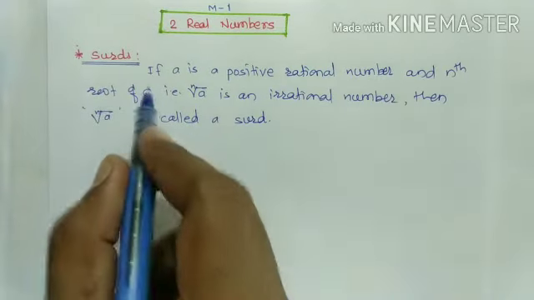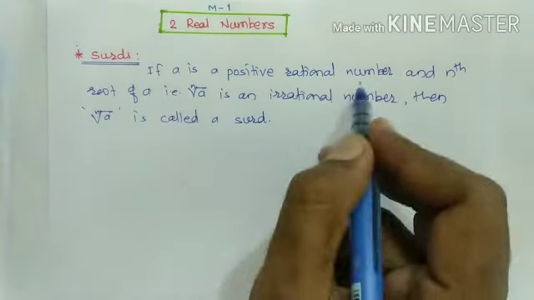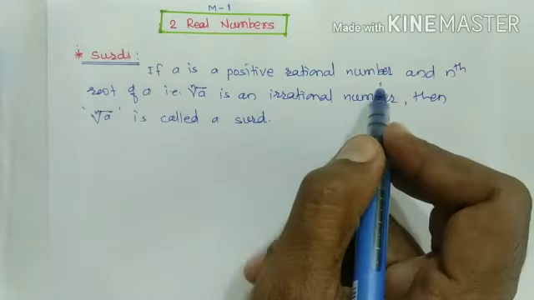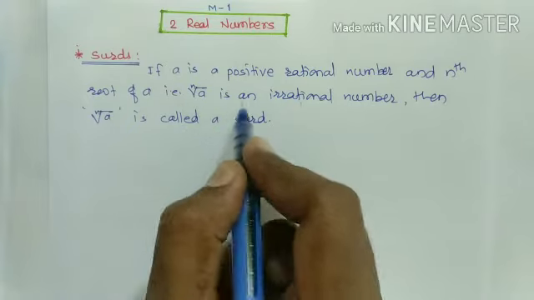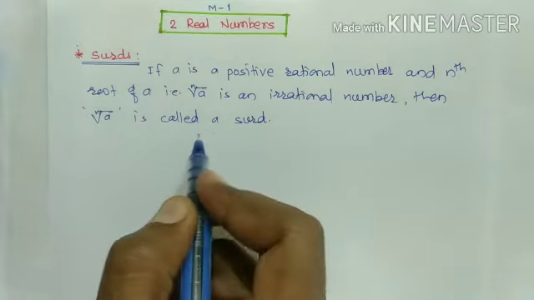See, आणखी एकदा सांगतो, if a is any positive rational number, कसला आहे हा, a हा कुठलाही एक पॉझिटिव्ह रॅशनल नंबर आहे, and the nth root of a is an irrational number, then this nth root of a is called a surd.